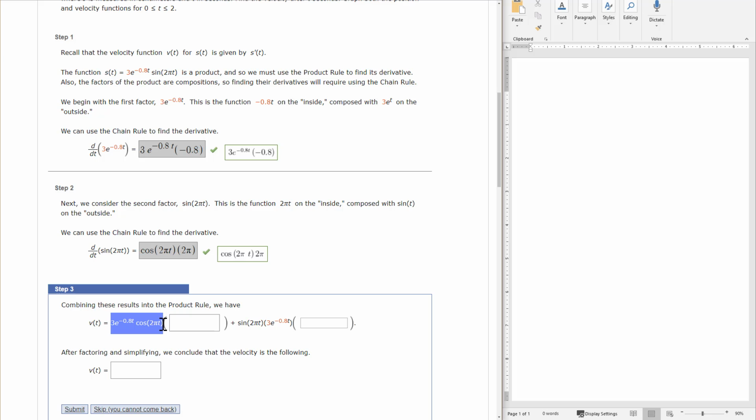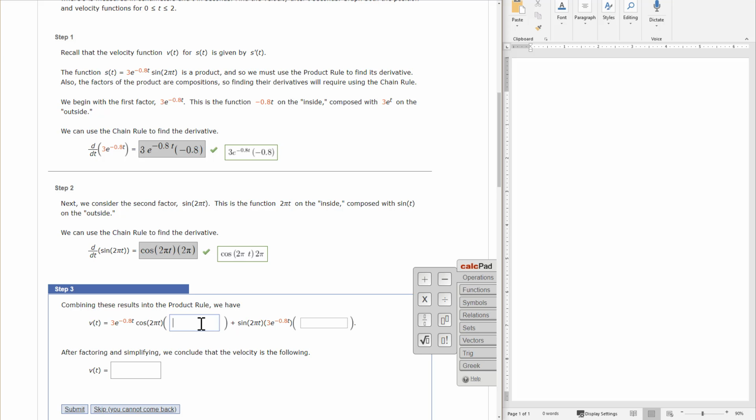We have to be careful to see what's given to us. The original function is this product. So here we have the first times the derivative of the second, which isn't quite complete yet. The derivative of the second is cosine 2 pi t times 2 pi, so we'll throw in the 2 pi there.